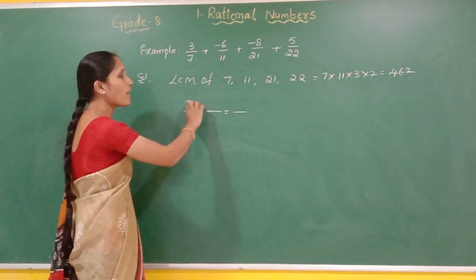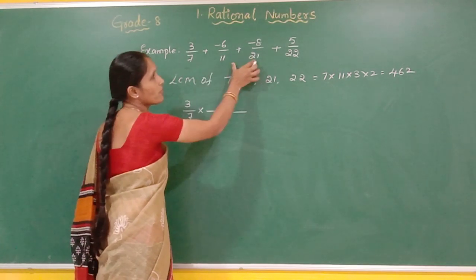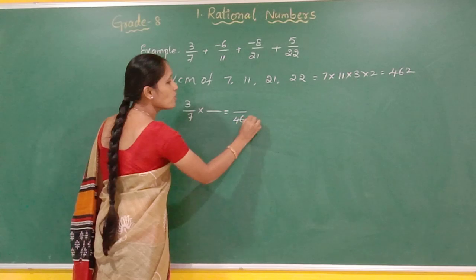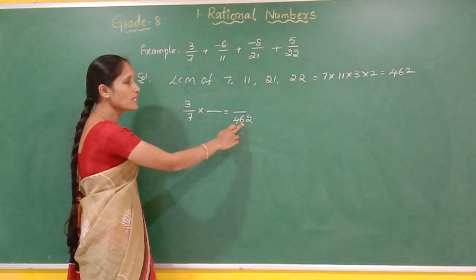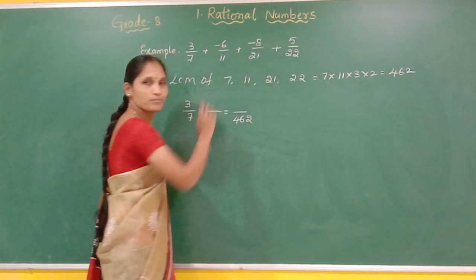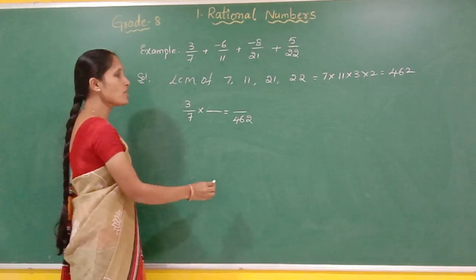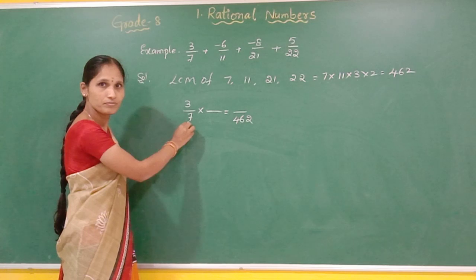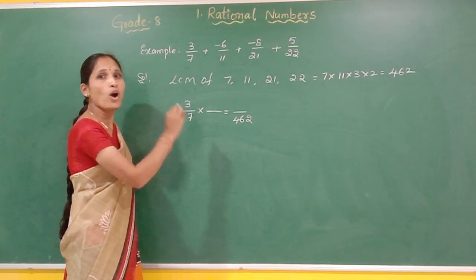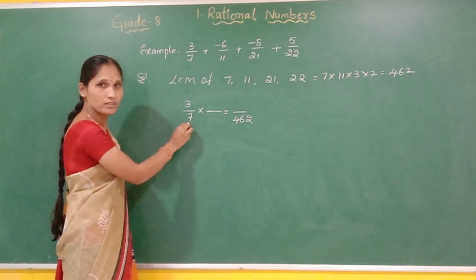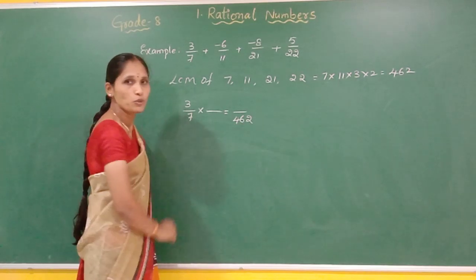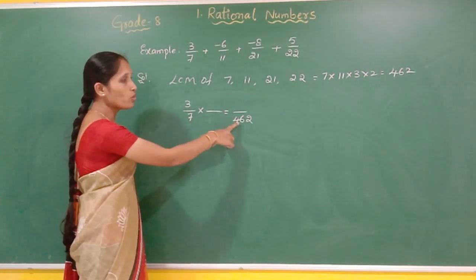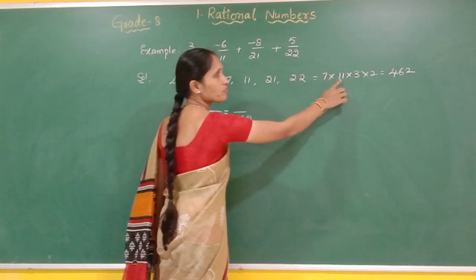Yes. Now we are also writing equivalent fractions of the given numbers, on one condition: the denominator is 462. That is nothing but the LCM. Now tell me children, by what number should we multiply 7 to get 462?